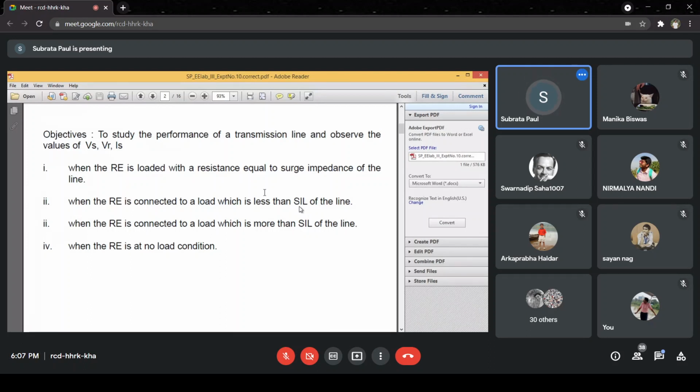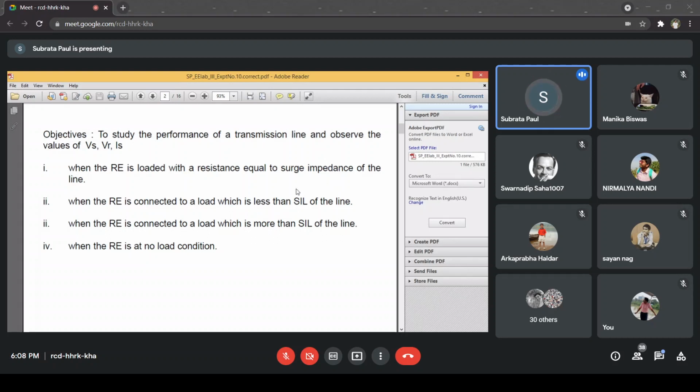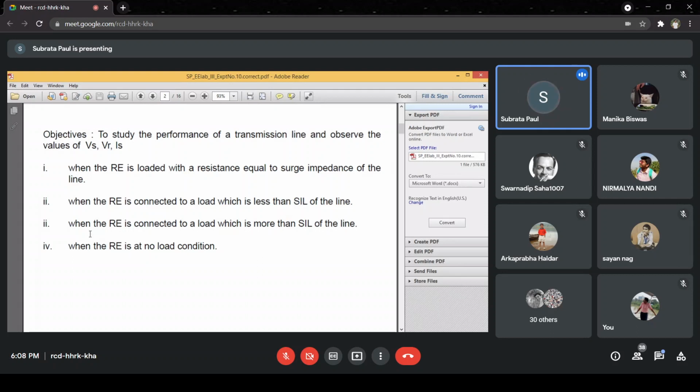Second, the receiving end is connected to a load which is less than SIL of the line. SIL means surge impedance loading of the line. Though I shall very briefly mention these two quantities, surge impedance and SIL. Third, the receiving end is connected to a load which is more than SIL of the line. Fourth, the receiving end is at no load condition.